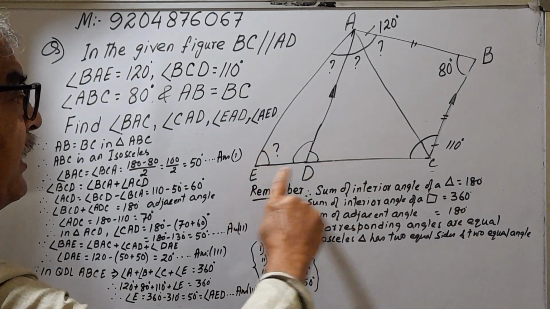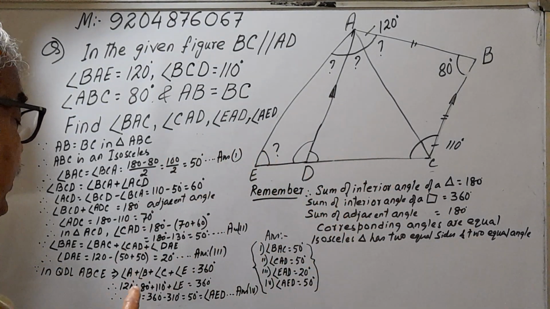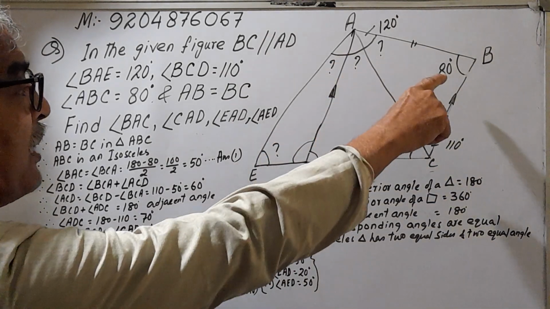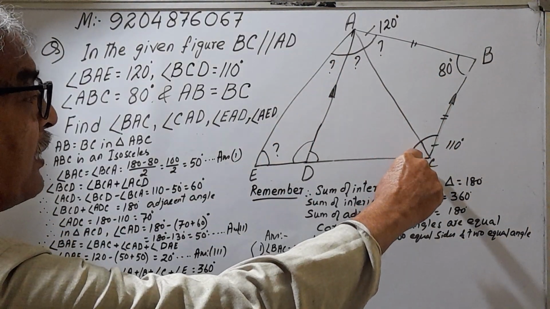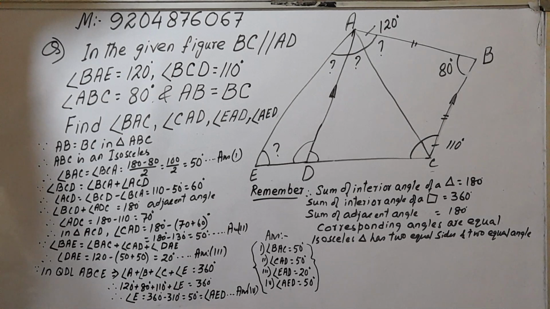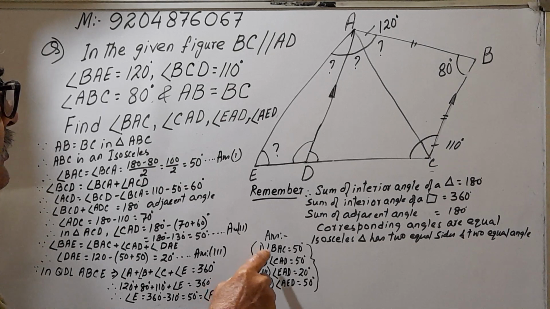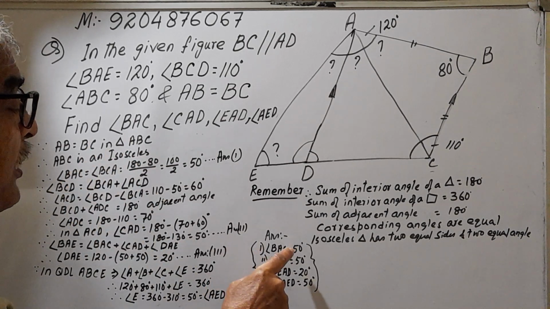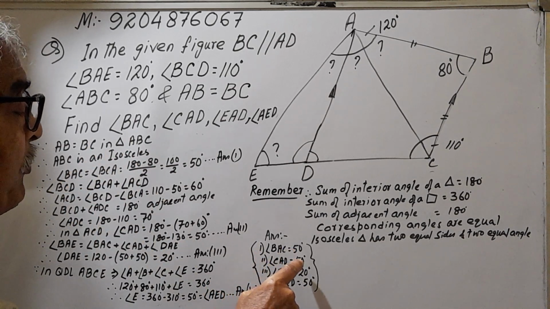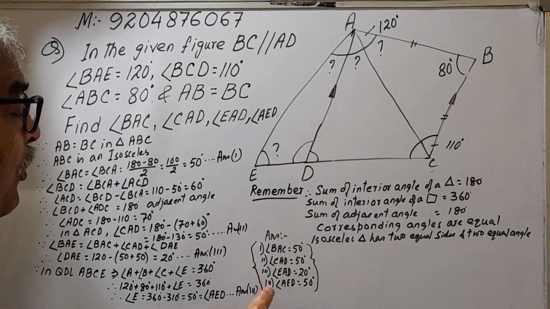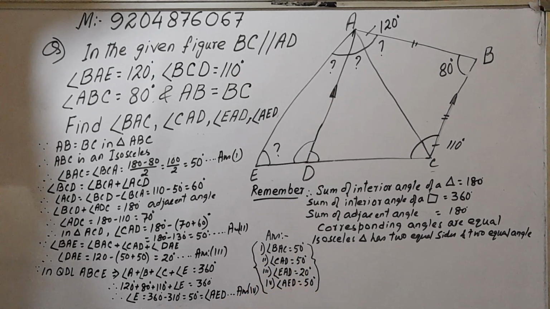Therefore, angle AED equals 360 degrees minus (120 plus 80 is 200, plus 110 is 310), that is, 360 minus 310 is 50 degrees. Angle AED is 50 degrees. I have mentioned the answers: answer 1, BAC equals 50 degrees; answer 2, CAD equals 50 degrees; answer 3, EAD equals 20 degrees; answer 4, AED equals 50 degrees.